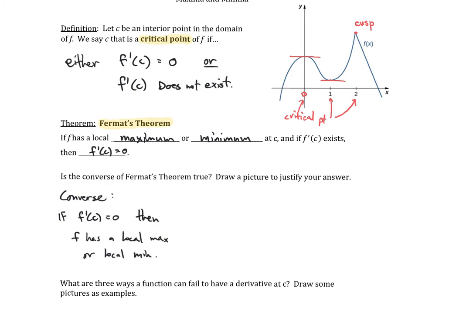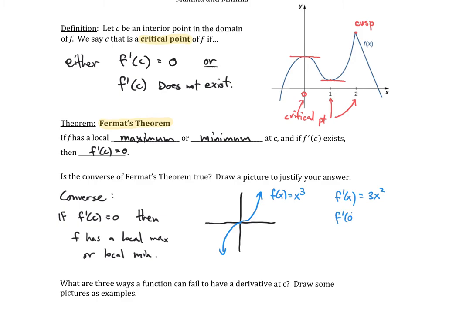I could give you a counterexample. Let me draw a set of axes here like this. And let me choose a function. Let me graph a function that looks like this. Anyone guess what this function looks like? If you guessed that this function was f of x equal to x cubed, you would be correct. Notice that when I take the derivative f prime of x, I'm going to get 3x squared.